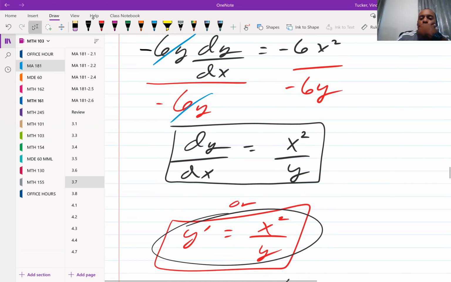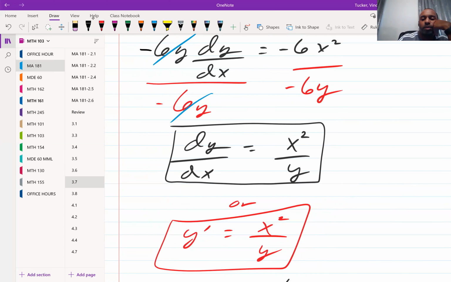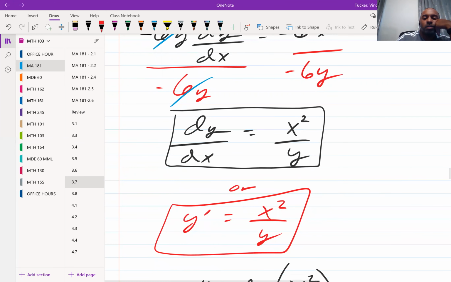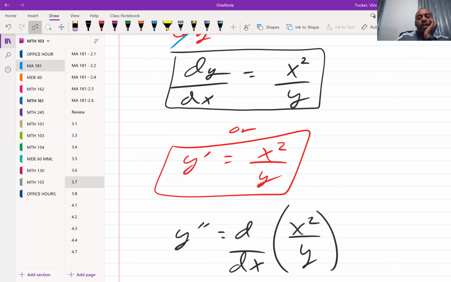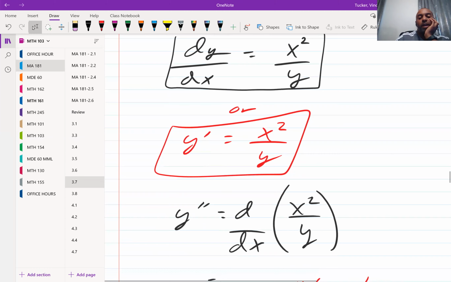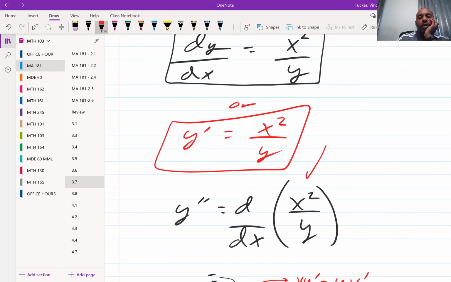All right, so I was just writing down, I think somebody asked me something about notation, but y prime is the same thing, of course, as dy/dx. So we were looking for y double prime, or in other words, the second derivative. So we have to take the derivative of what we had, which is x squared over y.